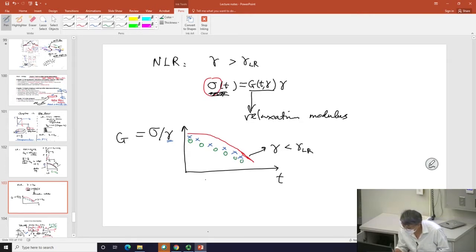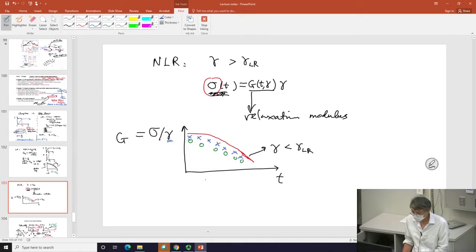And in fact, I can be a little bit more careful to indicate to you what happens, which is this. So this is typically what you see in the data.